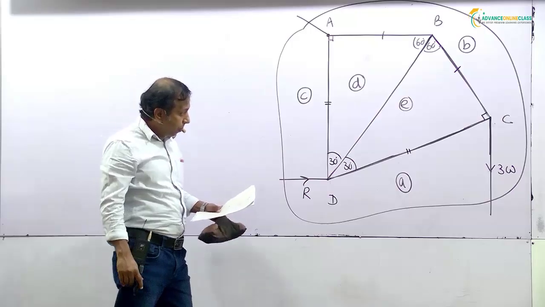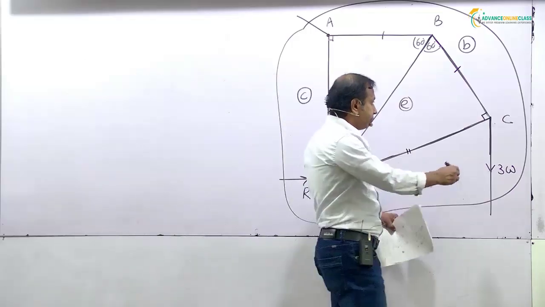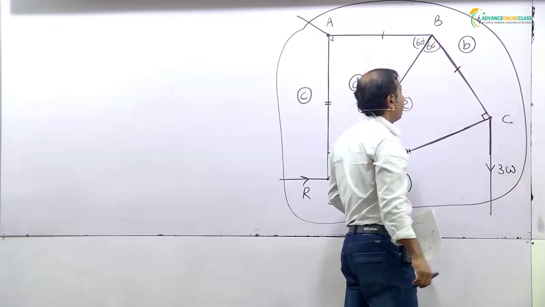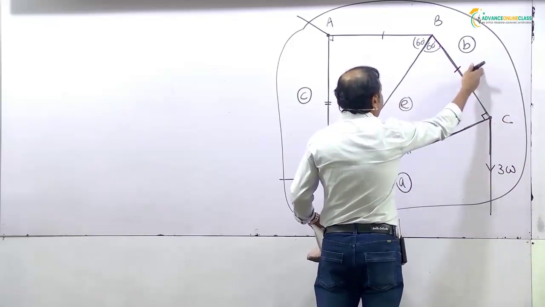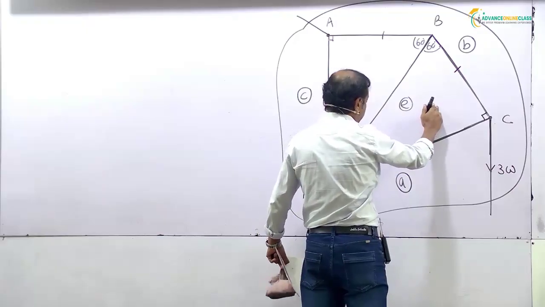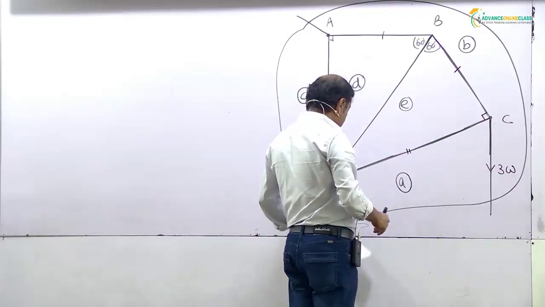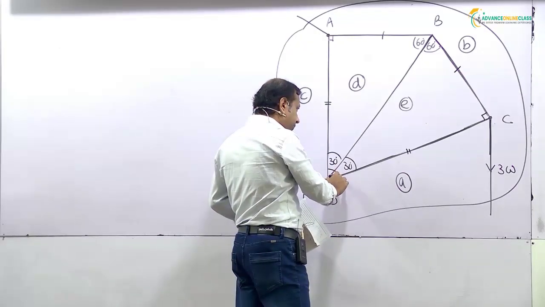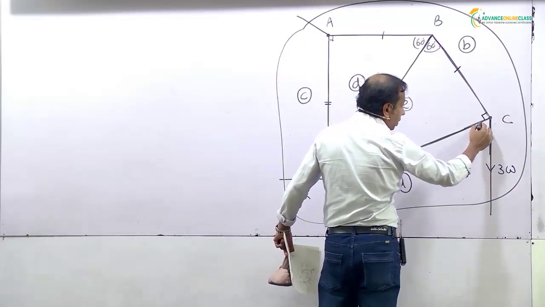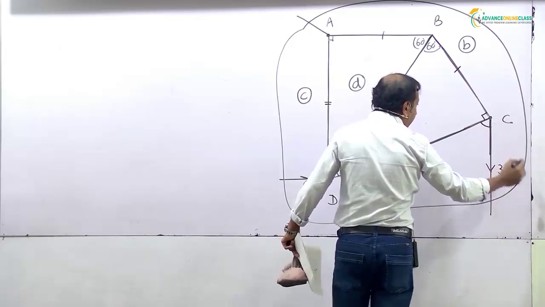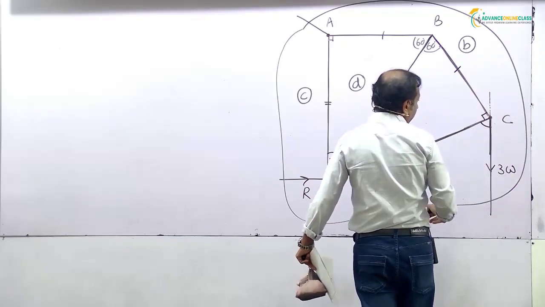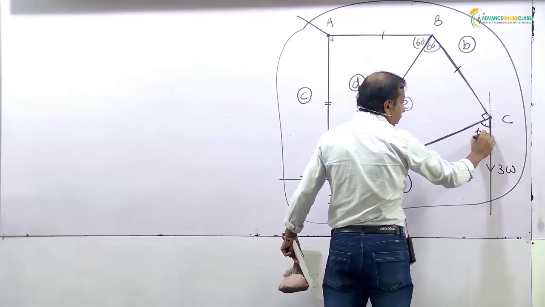First, we can come to the joint C. A, B, 3W, B, C. Yes. You can very clearly see this is 60. Then this also 60. When I produce this line this way, this is 60.